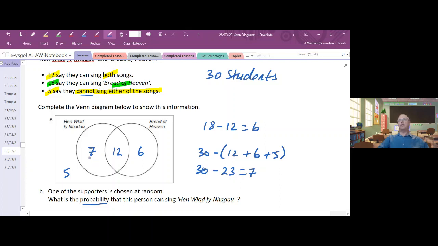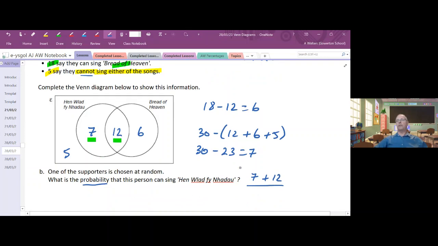So the total is this 7 and this 12. So I say 7 plus 12 is the total. And the total number of people in the survey is 30.